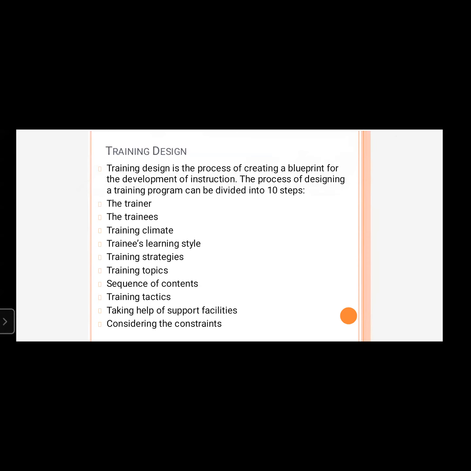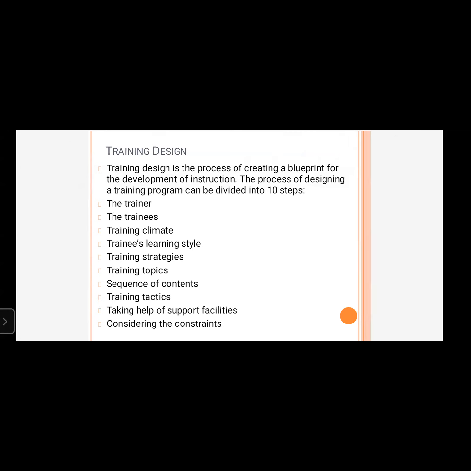Because the trainer has not kept in mind the trainees' learning styles, the end result doesn't match with the desired result.